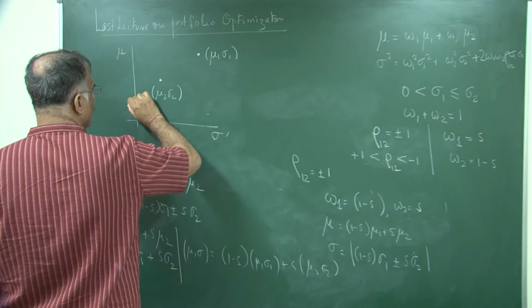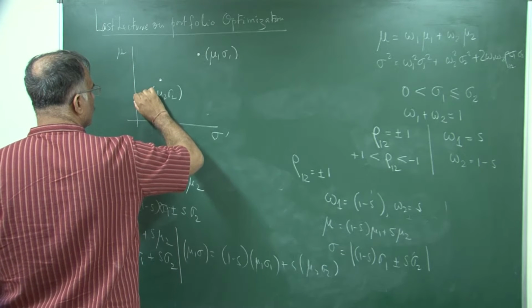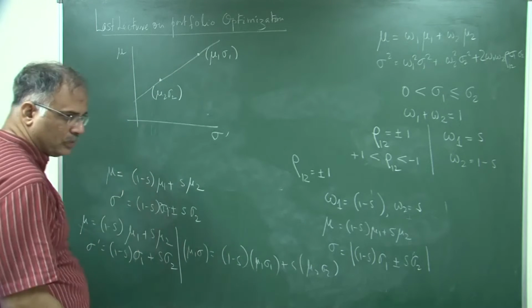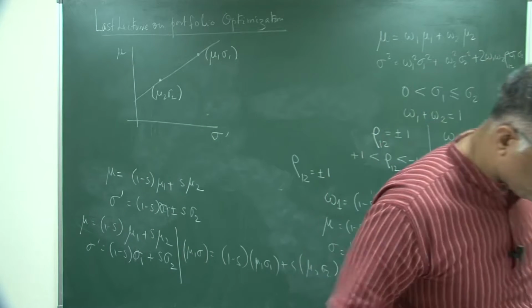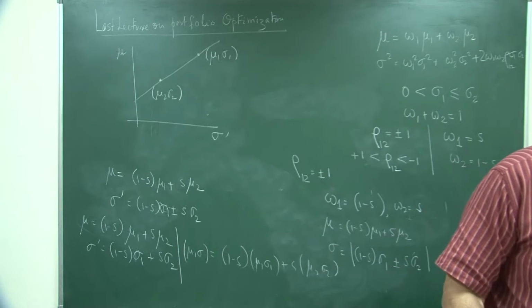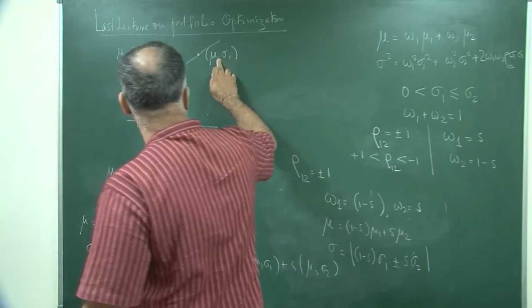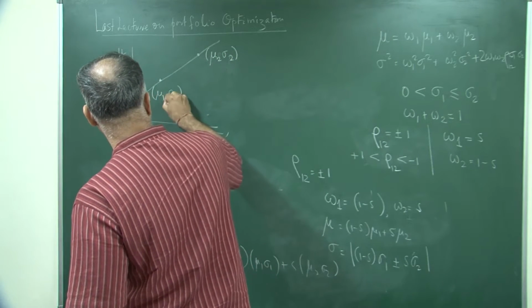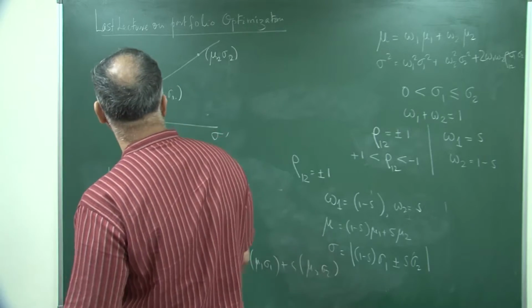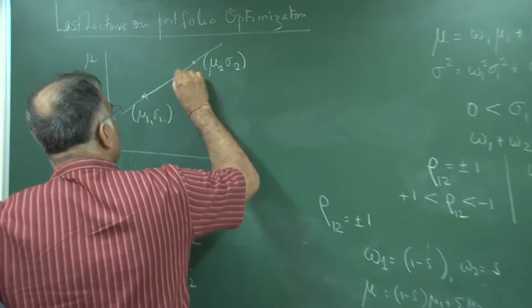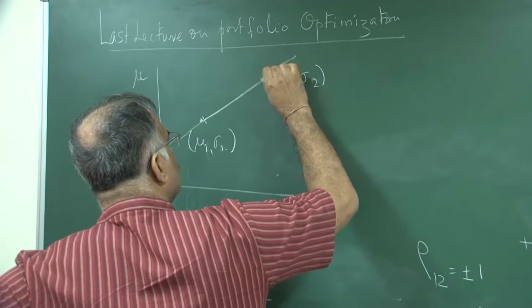So, this is just a line passing through mu 2 sigma 2. In this case we are always keeping mu 2 as higher. So, here is the line segment joining mu 1 sigma 1 and mu 2 sigma 2.